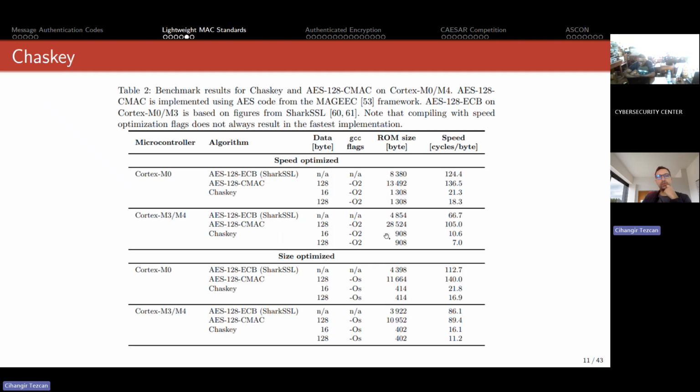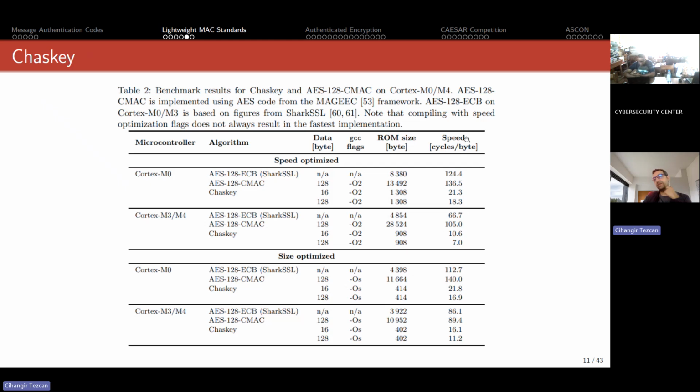They also provide some benchmark results on processors like Cortex-M0, M3 and M4. They compared with AES in ECB mode and CMAC mode, and here are the results. For instance, at the ROM size, Chaskey requires less.